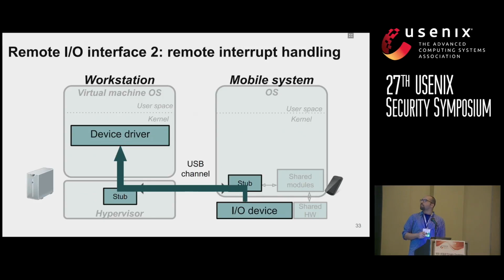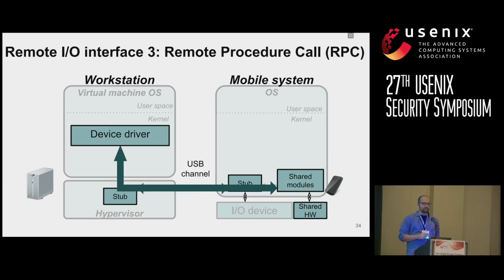Since we disabled the device driver in the mobile system, we can capture all the interrupts that the device issues inside our stub in the mobile system, and we can forward them to our workstation and inject them to the kernel of the virtual machine. And when the device driver wants to manage the shared resources, we build a remote procedure call on top of the Linux API for sharing and managing the shared resources.